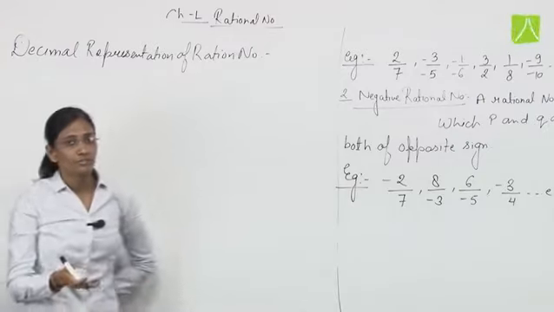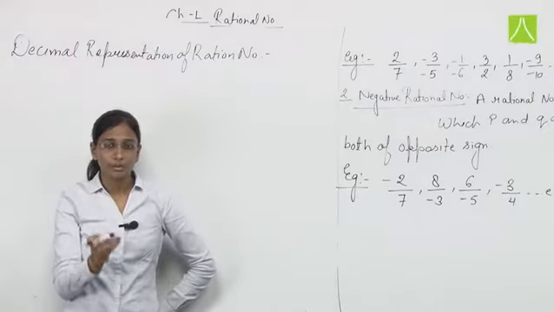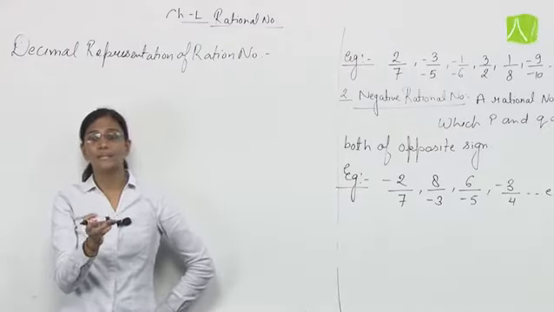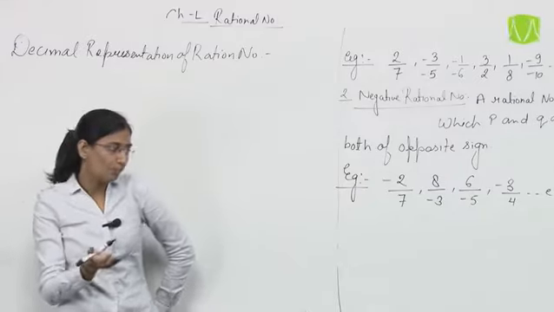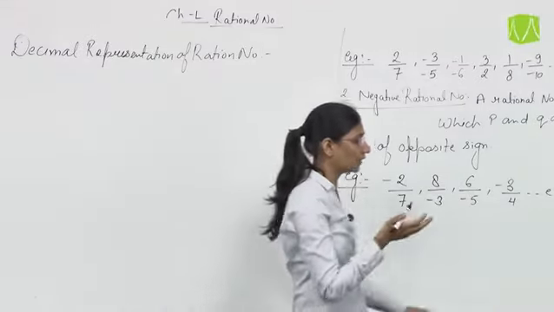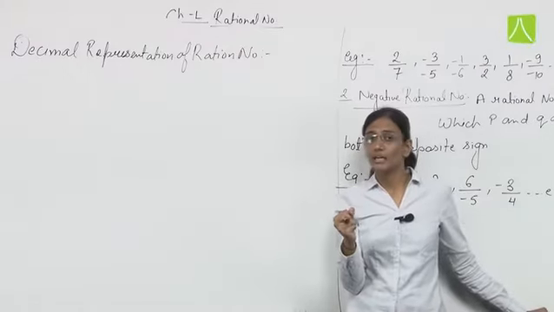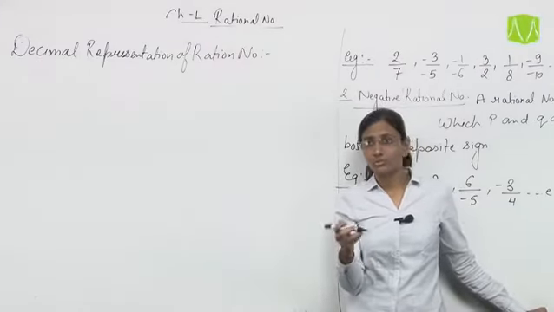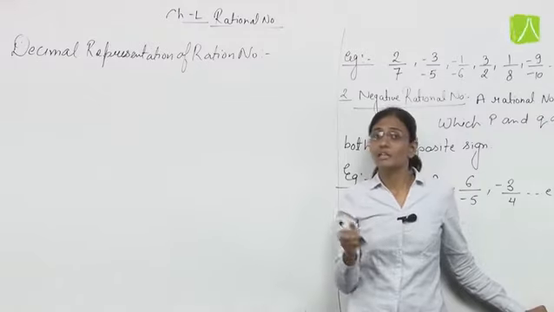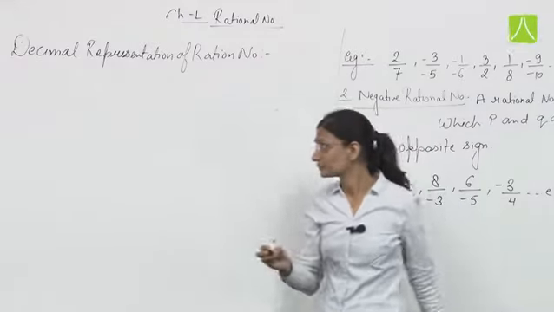Any rational number is of the form p by q, that is numerator upon denominator. The numerator can be divided by the denominator. Whenever we divide a numerator by its denominator, we get some value. It may be an integer, it may be a natural number, it may be in decimal form.